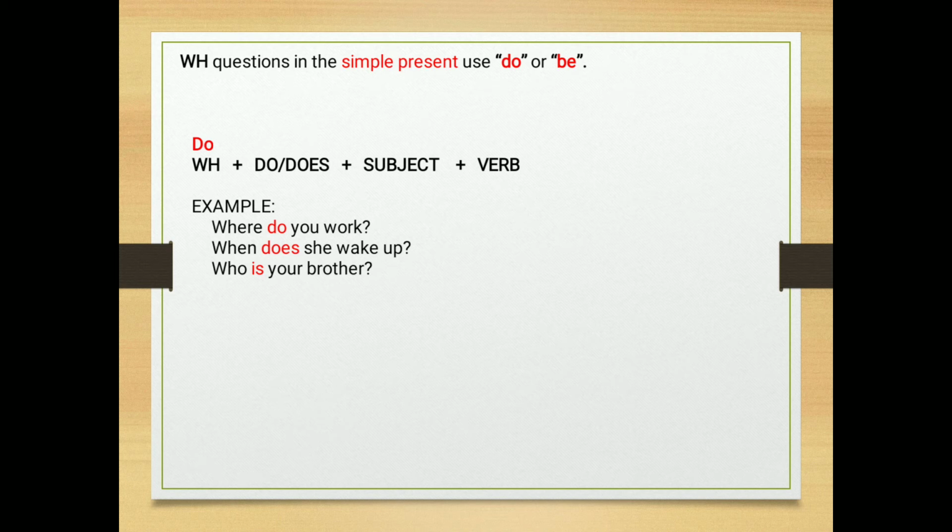See the example, where do you work? The WH word is where, then comes do, after that you, the subject, and then work, which is a verb. Again, when does she wake up? So WH questions in simple present tense have this structure: WH word plus do or does plus subject plus verb.